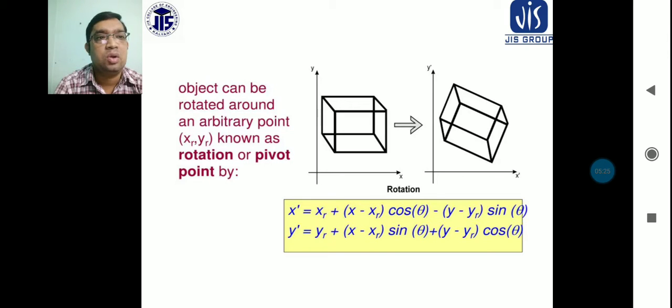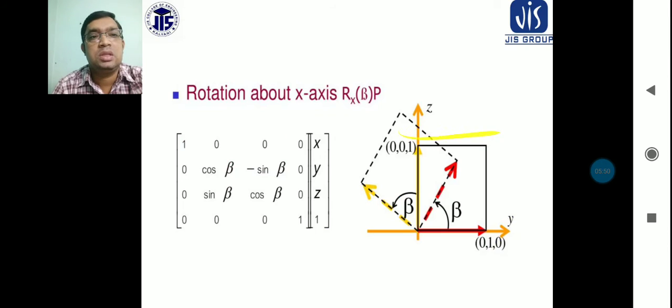The cube is considered as an object, and during rotation the positions change, so the different coordinates are calculated, as already discussed in previous slides. Previously you saw 0 1 0 here, and this is rotated, and the coordinates are changed, and the axes are changed.